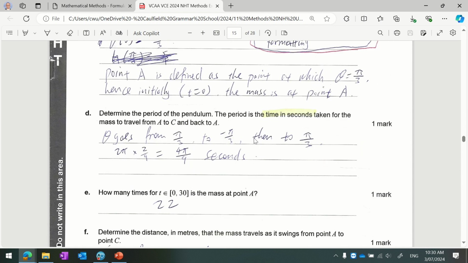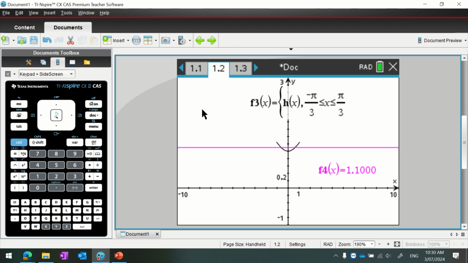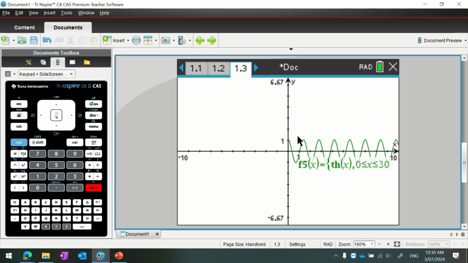Okay, let's actually do question D. It says from A to C and back to A, which means theta goes from pi over 3 to negative pi over 3, then to pi over 3. If I draw this graph, let me do a new graph. That's the domain.